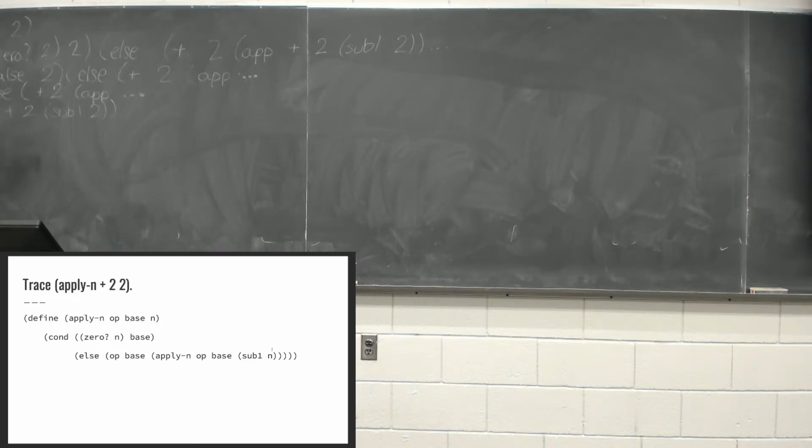So we've got to evaluate sub 1 2 first. Which, of course, subtracting 1 from 2 is going to give you 1. And now we can actually do our recursive application here.